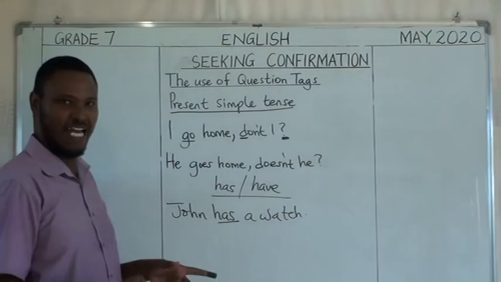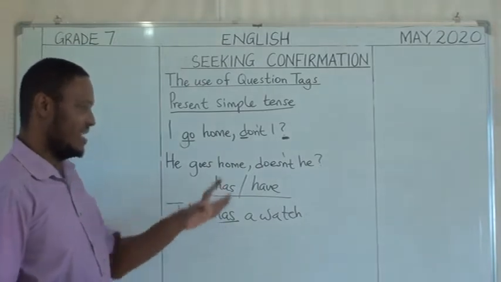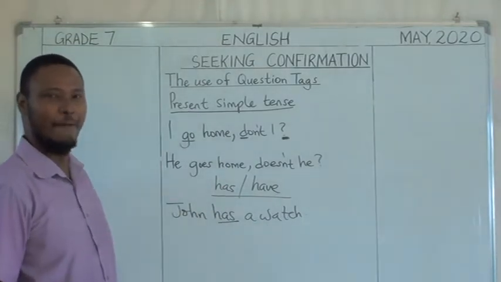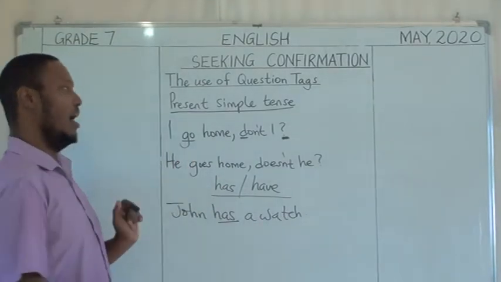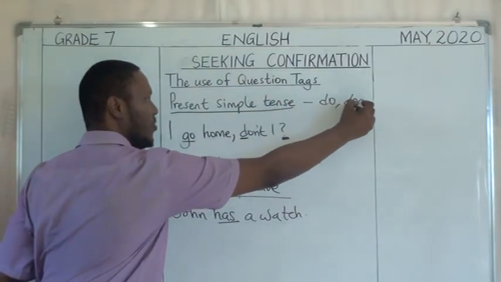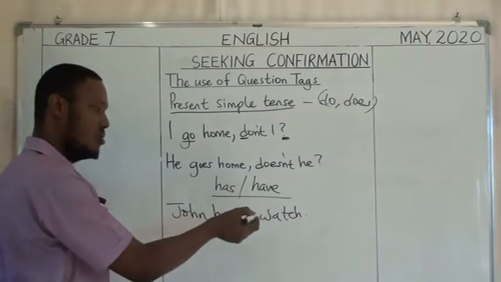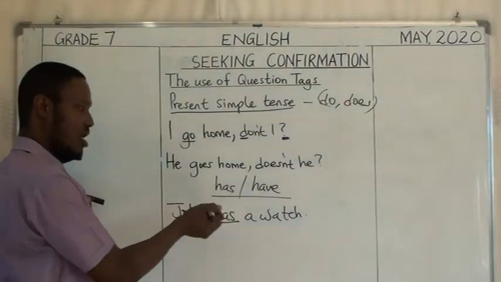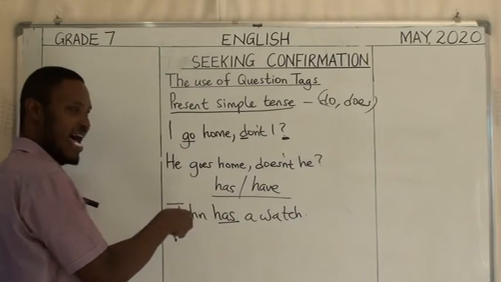This is the main verb and it shows possession. John has a watch. What is the helping verb here? We have said, in the present simple tense, we use the forms of do, that is, do and does. So John has a watch is the same as John does have a watch.